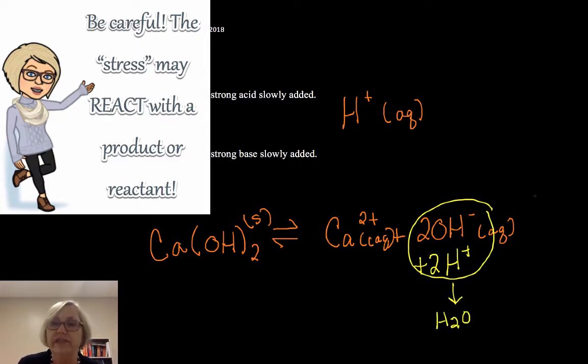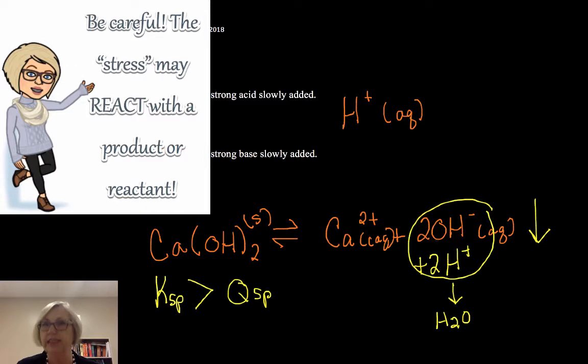So what we've done is we have decreased our hydroxide concentration. What that's going to mean is that I've shifted away from K and I now have Q. And if I've decreased product, that means Q is less than K because product is in the numerator.